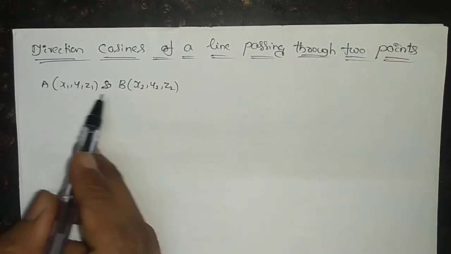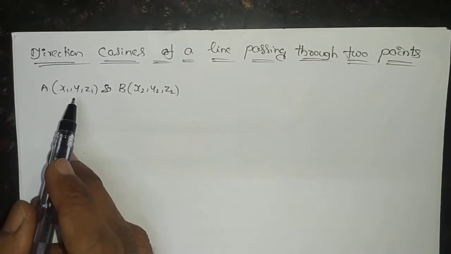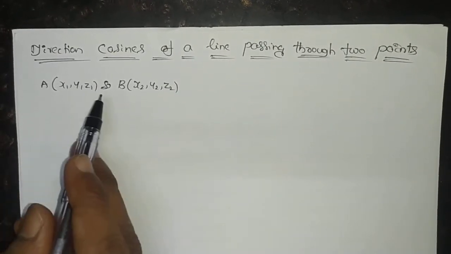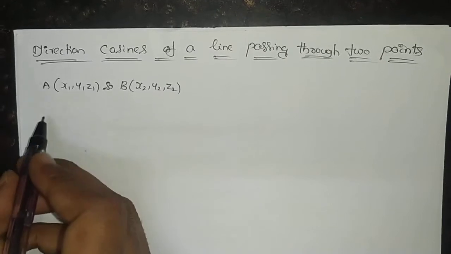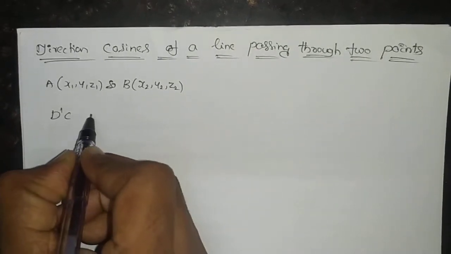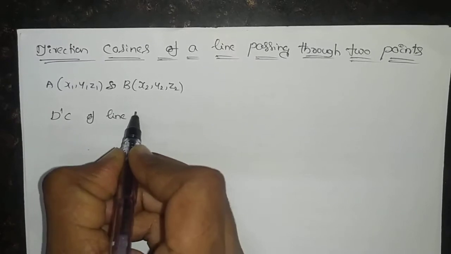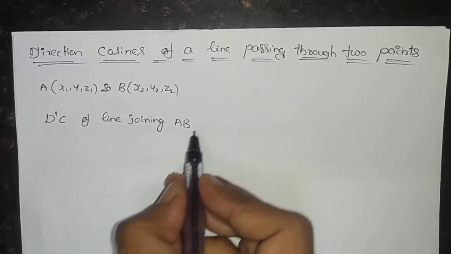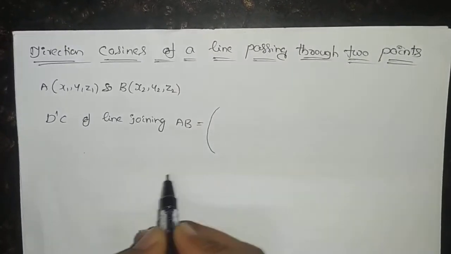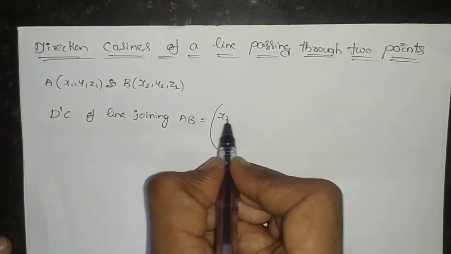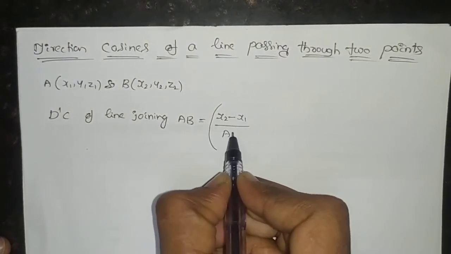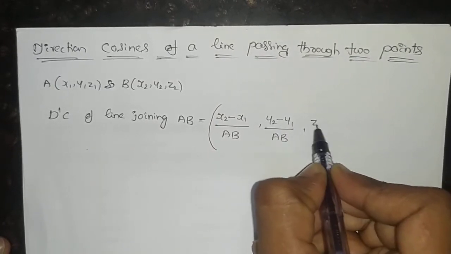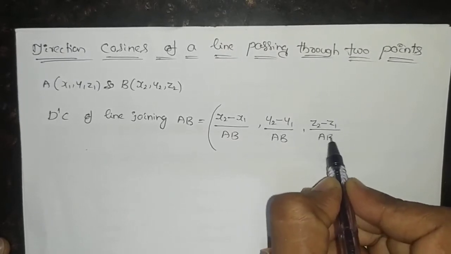Then the direction cosines of the line joining AB are given by the formula: x2 minus x1 divided by AB, y2 minus y1 divided by AB, z2 minus z1 divided by AB.